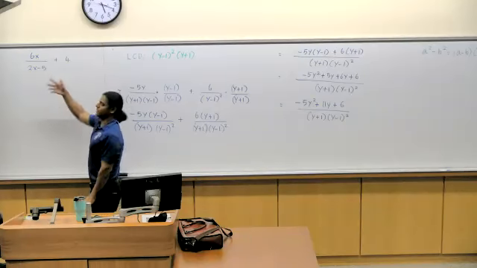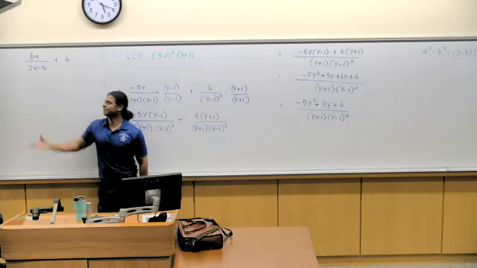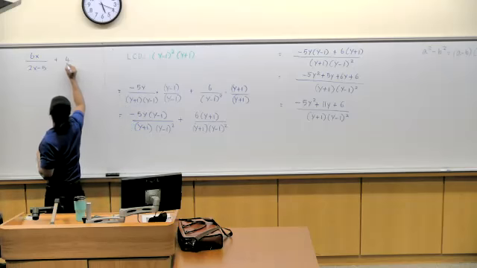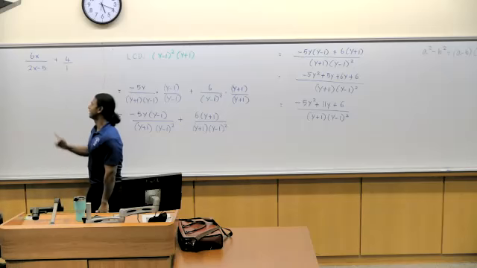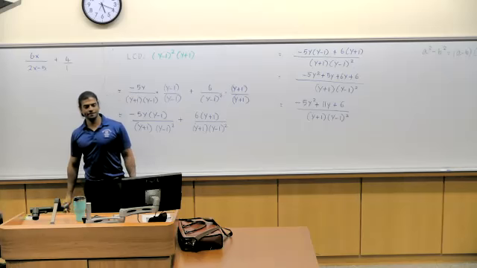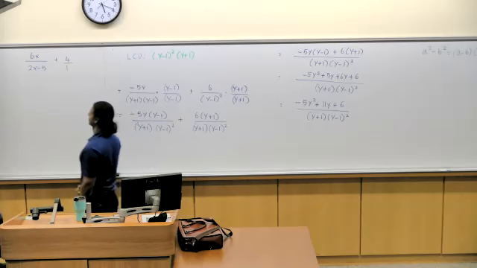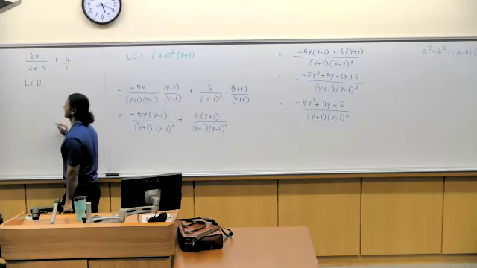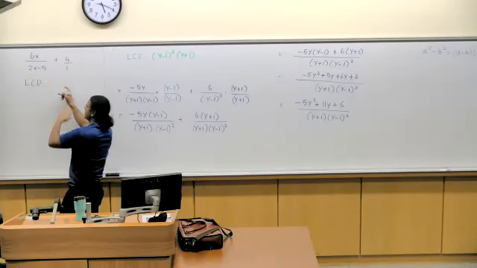Let me ask you, what would you? This is a rational expression, that's a number over 1. So this would be 4 divided by 1. Now, what is the common denominator between 2x minus 5 and 1? I have 2x minus 5 here, just 1 there.